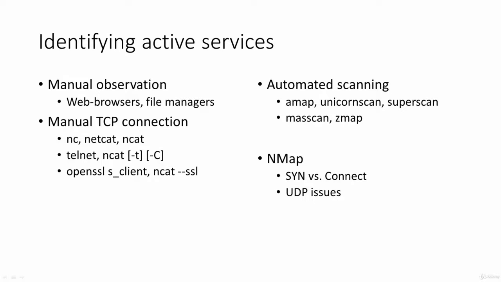So just trying to establish legitimate connections, or connections looking legitimate, we can already get some information. It's not very practical because there is a lot of work to do, and the manual approach is ineffective.